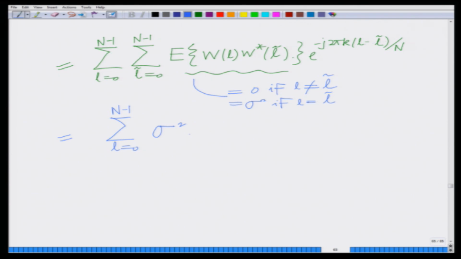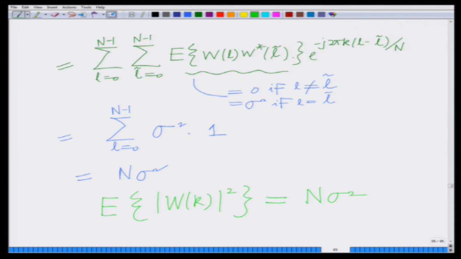If l equals l tilde, this becomes e to the power of 0, which is 1, sigma square times 1. Therefore, the summation of sigma square from l equal to 0 to n minus 1 is n sigma square, and hence I can write the variance of the noise at the output, the expected value of magnitude capital W_k whole square, equals n times sigma square.